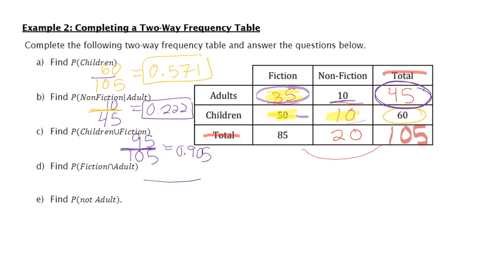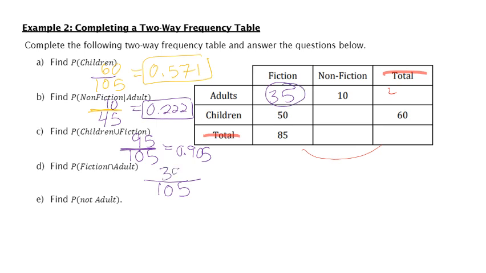For the probability of fiction and an adult, the denominator is 105. And for fiction and an adult, that would be 35. And so we would get that to be 0.333.